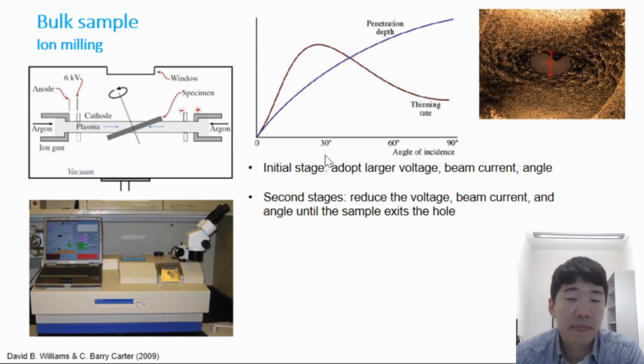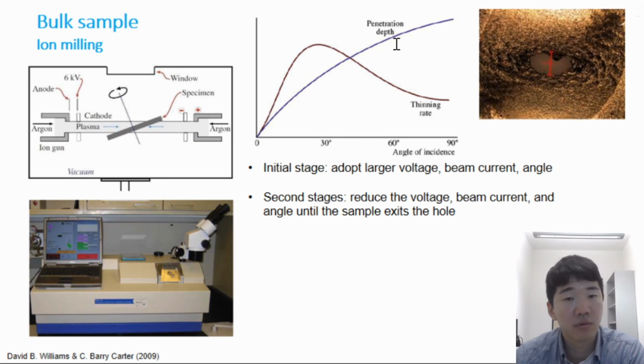Ion milling is the most versatile thinning process nowadays, but the thinning mechanism is very complicated and complex, and there is a big material dependency during the thinning process. Materials thin at different rates, so it is always recommended to keep a record of what conditions you are using.